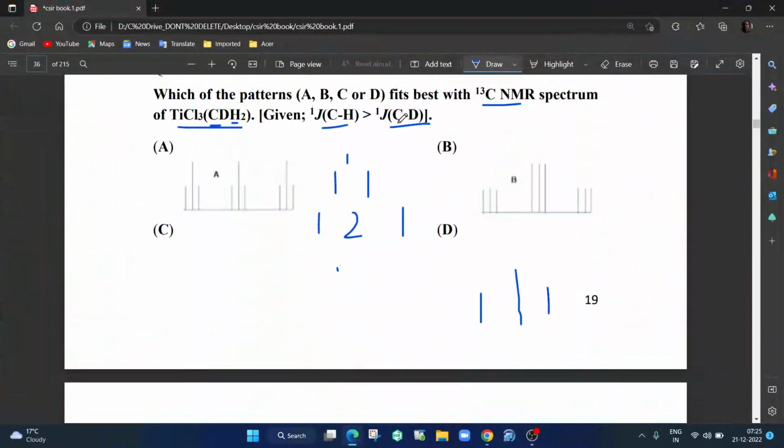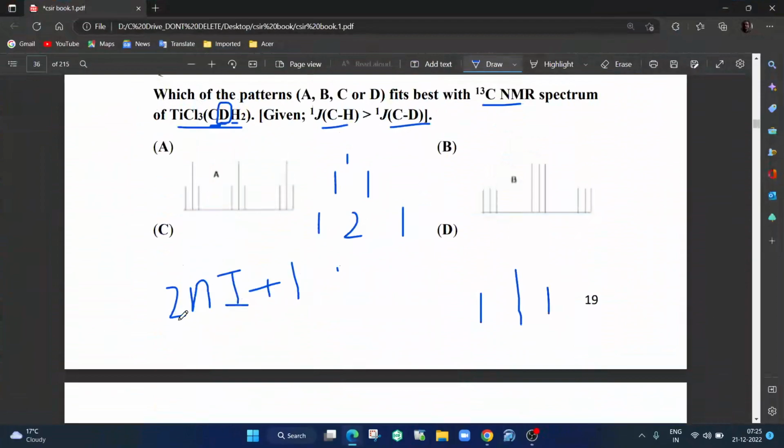Second splitting, what happens? Now D is coupling. So for D we know the 2nI plus 1 formula, we did it in the previous question. For D, the I value is 1, not half like hydrogen. For hydrogen we use the same formula, but I was half.